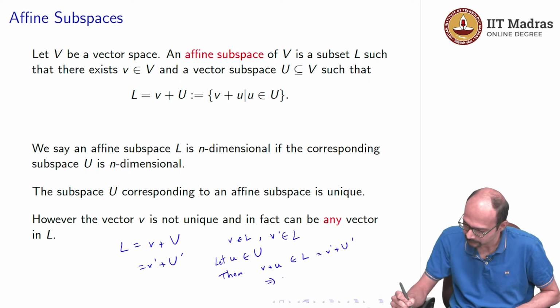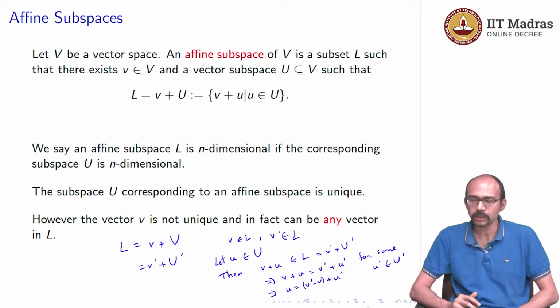So, it belongs to v prime plus U prime. That means v plus u is equal to v prime plus some little u prime, for some u prime in U prime, which implies that u is equal to v prime minus v plus u prime.